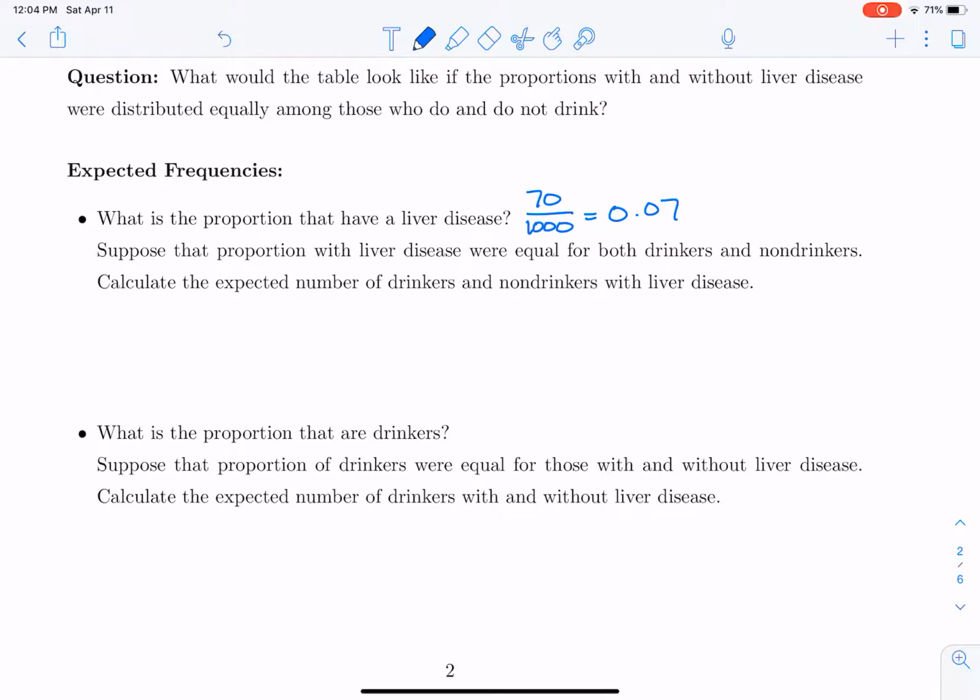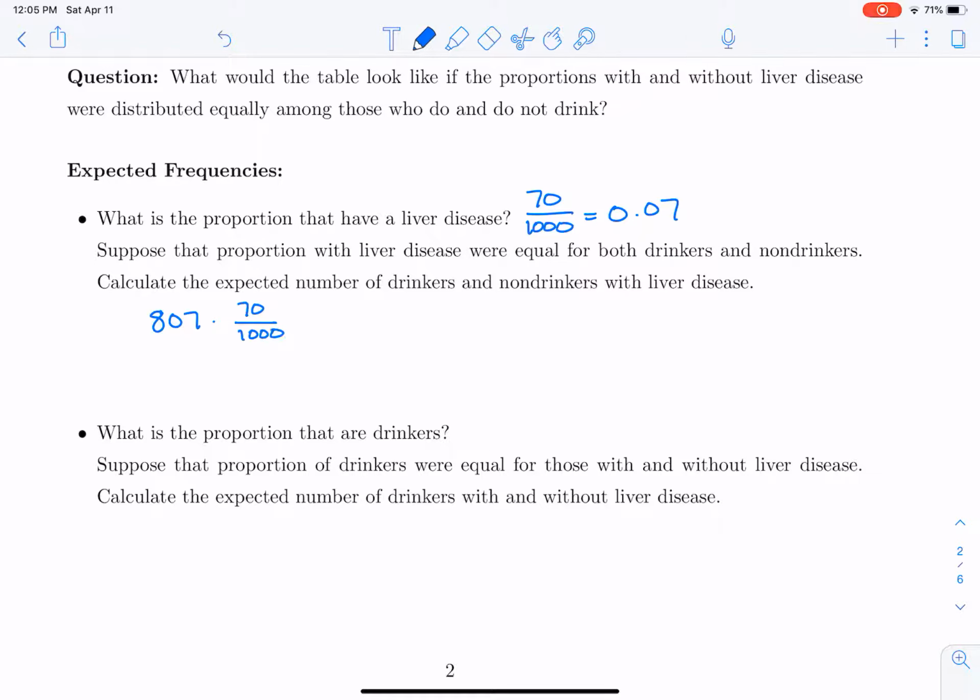So suppose that the proportion with liver disease were equal for both drinkers and non-drinkers. Then the null hypothesis would be true, right? So the proportion of drinkers with liver disease would be 7%, and the proportion of non-drinkers with liver disease would be 7%. What would that look like? We could take the 807 drinkers and multiply that by 70 over 1,000.